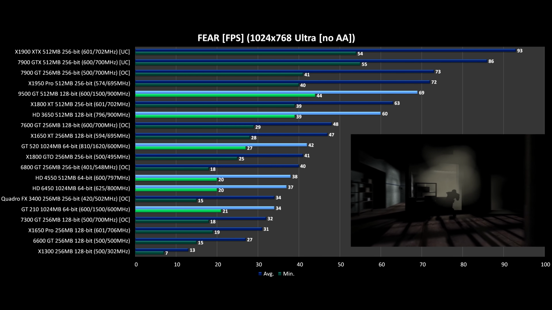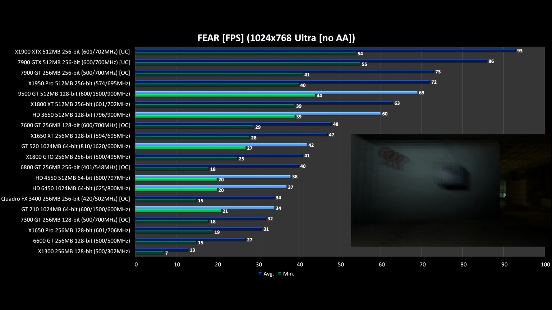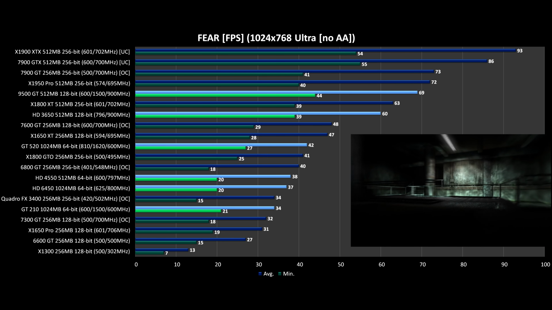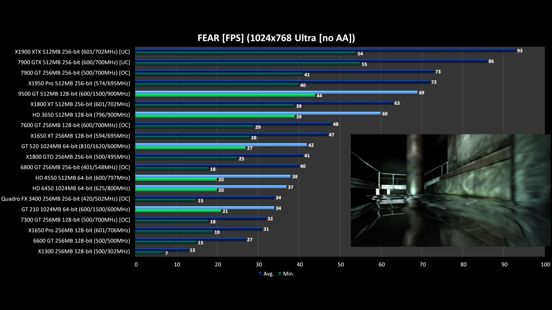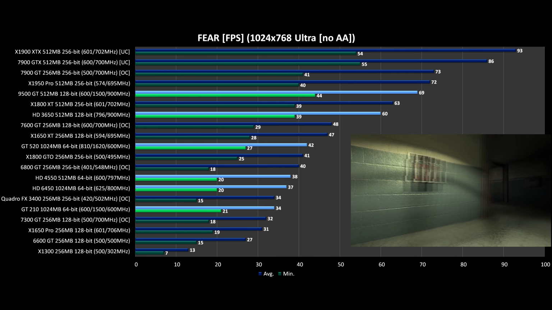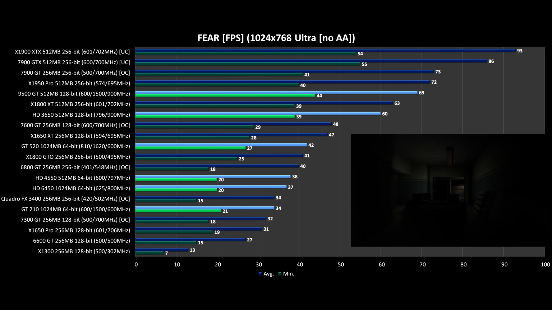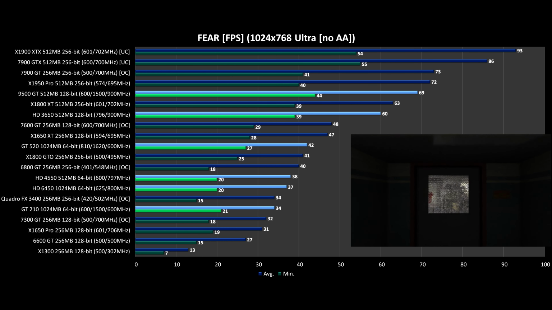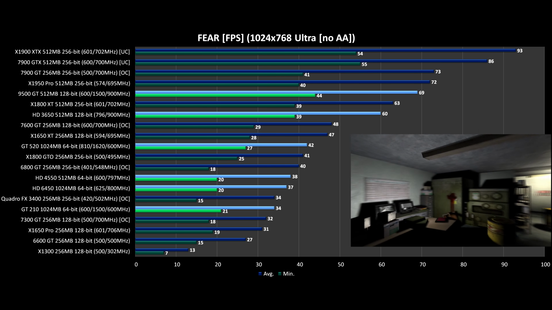GT 520 outperforms X1800 GTO by a slight 2% average margin, but is 8% faster based on minimums. On the other hand, top cards like HD 3650 get 60 FPS on average, and it gets pretty close to X1800 XT with 63 FPS average, still matching its minimum frame rate.